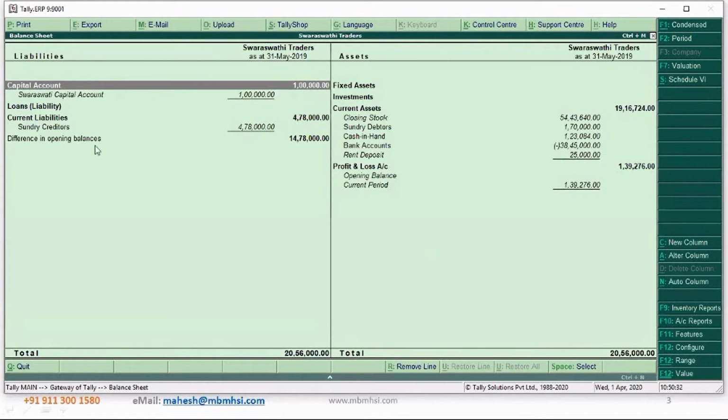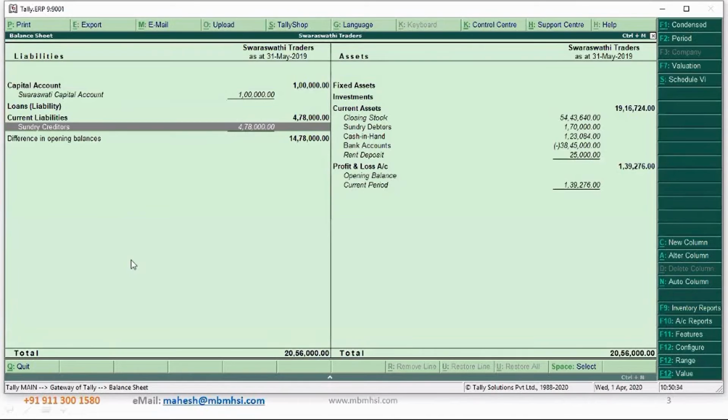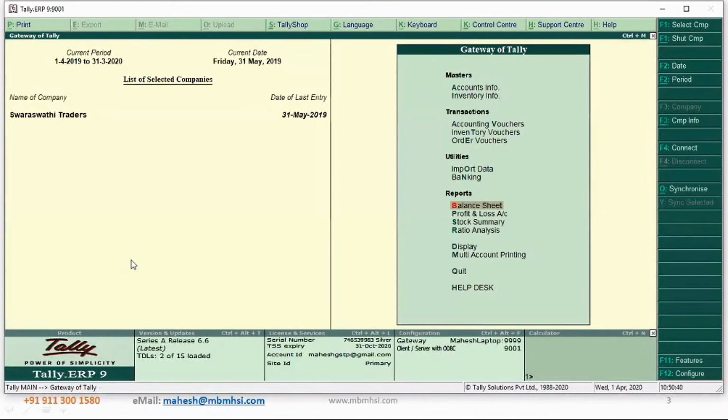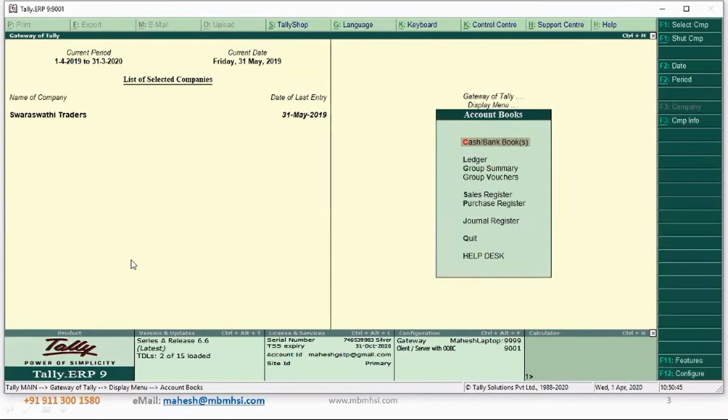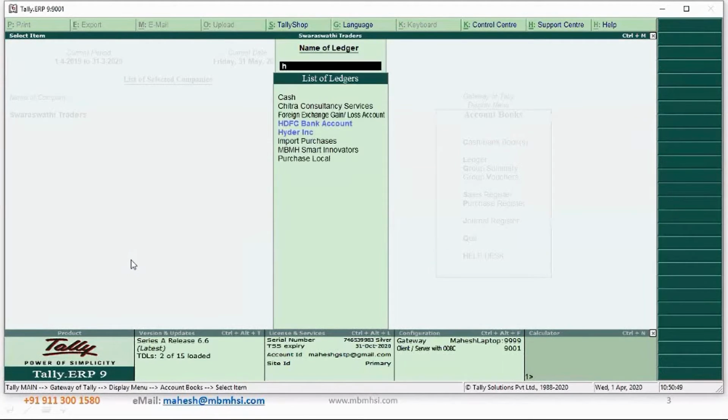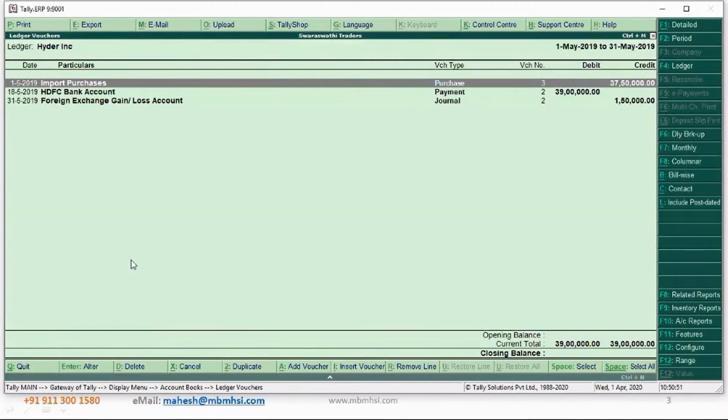Now, if you go to your supplier account, for example, if you go to sundry creditors, your supplier account here has got nullified, it's not showing. So if I just go to my supplier account, go to display, accounts book, ledger, and go to Haider Inc. Here I'm able to see three transactions.